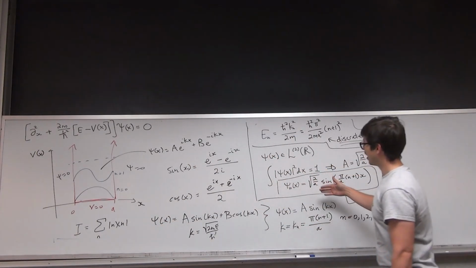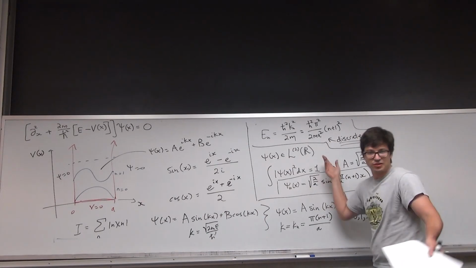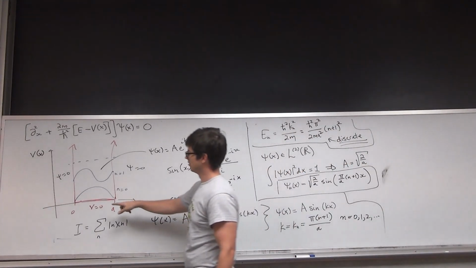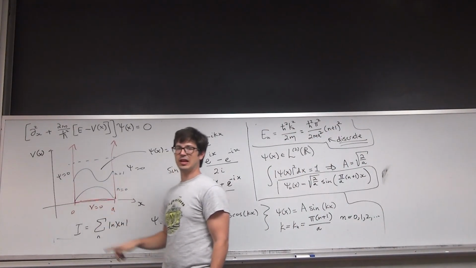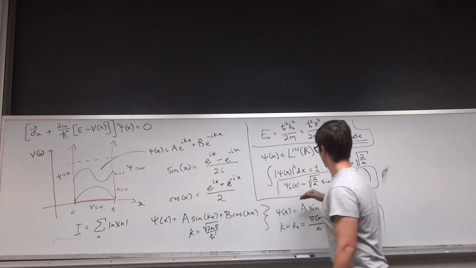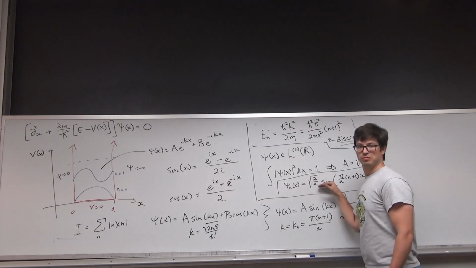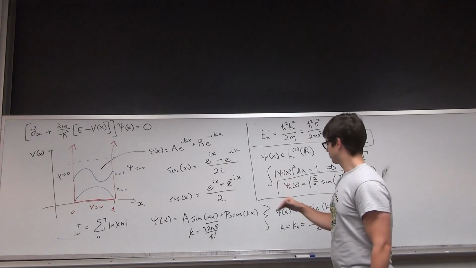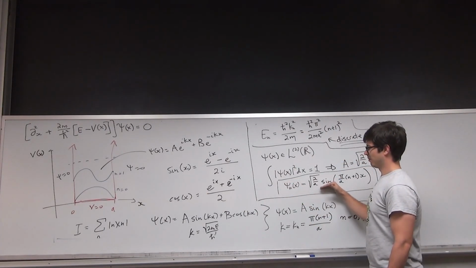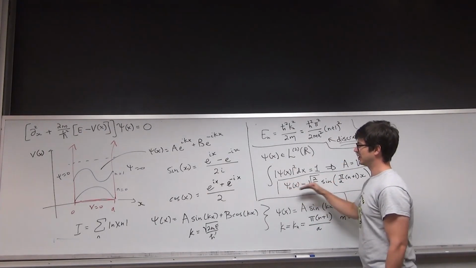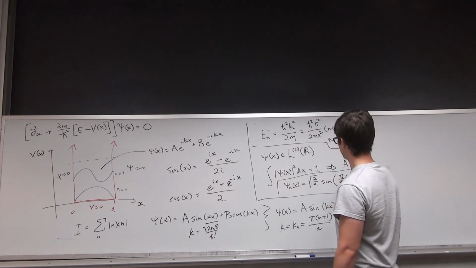There's no continuous part. And can you? Yes, you can. Any function on this interval can be written as an infinite sum of a decomposition in these functions, these sines.